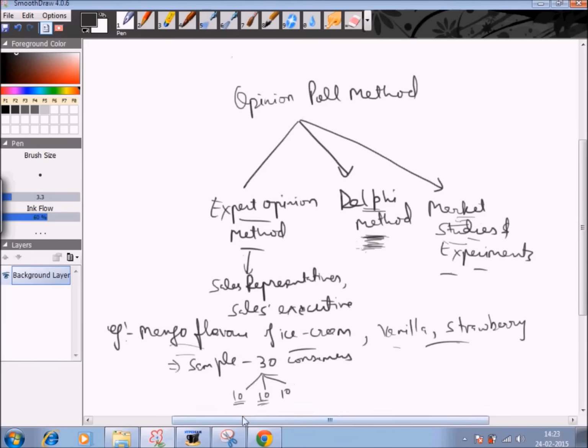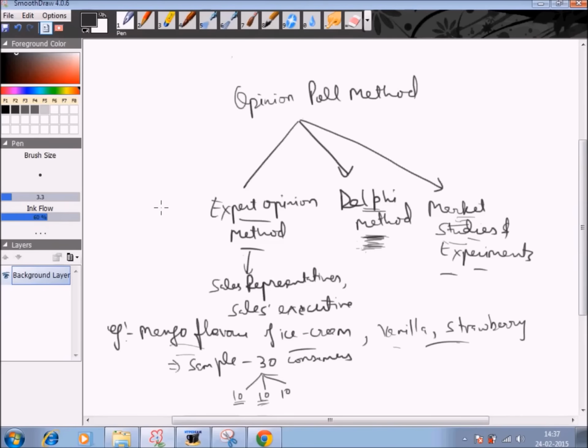So like this, companies conduct market experiments in order to introduce a new product in the market, and it actually helps in forecasting the future demand for a product. Now these were the various methods under survey method, that is consumer survey method and opinion poll method.